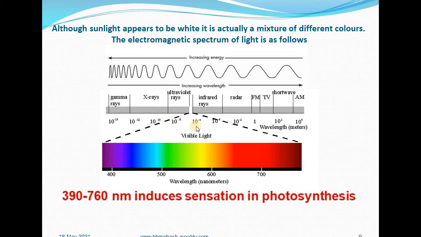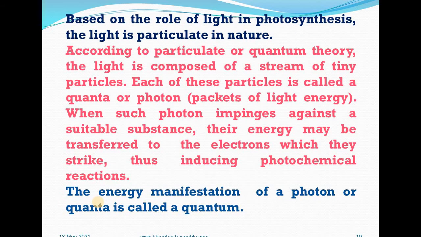Visible light falls in between the high energy as well as low energy. So this energy sensitizes the plants during photosynthesis. So the 390 to 760 nanometer range induces sensation in photosynthesis.